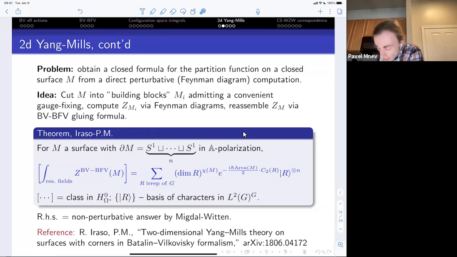And the result is this wonderful formula, which is known in the literature as a non-perturbative answer for 2D Yang-Mills, coming from Migdal and Witten.